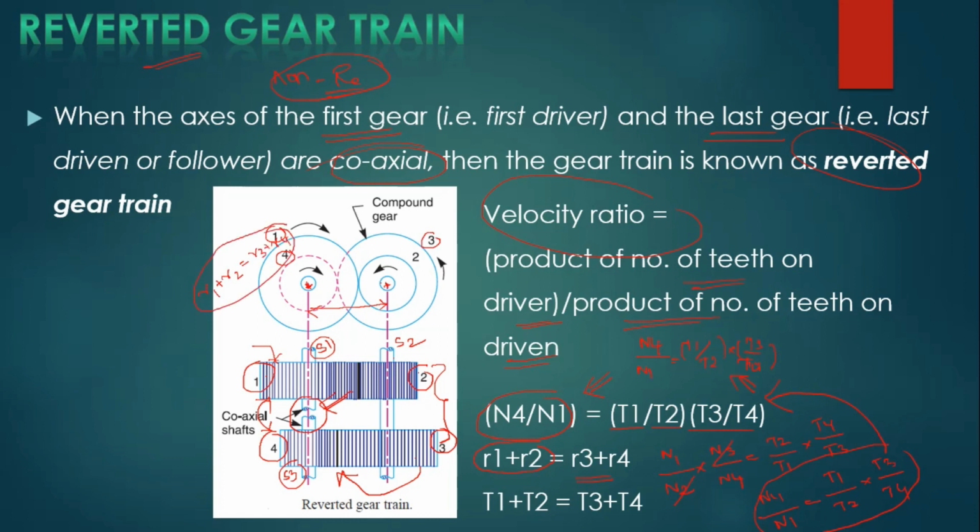This is the equation. Similarly, in terms of teeth, T1 plus T2 equals T3 plus T4, since the radii R1, R2, R3 and R4 are proportional to T1, T2, T3 and T4. Clear? This is how we got this equation.